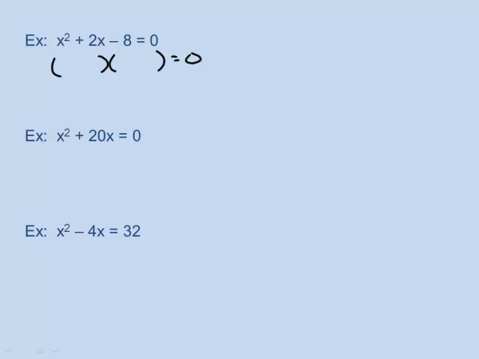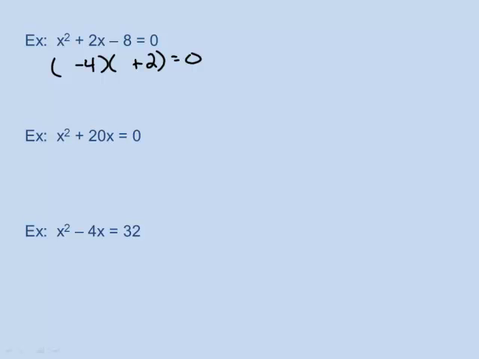So we want factors of negative 8 that will add to give us a positive 2, and I believe those factors would be negative 4 and positive 2. Negative 4 times a positive 2 is negative 8, but negative 4 plus 2 is a negative 2.